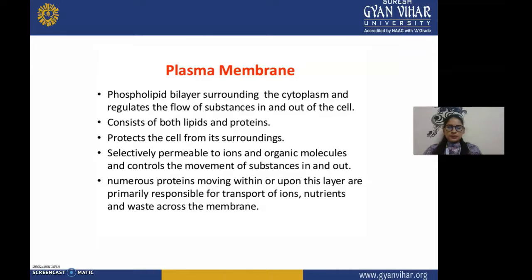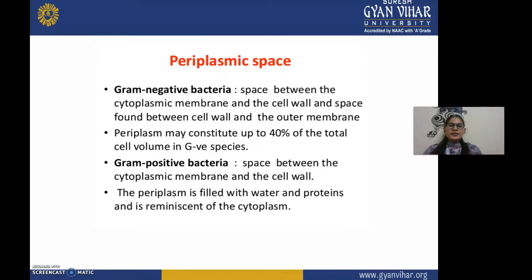across the membrane. Now the next we have the periplasmic space. So the periplasmic space basically is found in gram-negative bacteria. In gram-negative bacteria, it is the space between the cytoplasmic membrane and the cell wall, and the space found between the cell wall and the outer membrane.